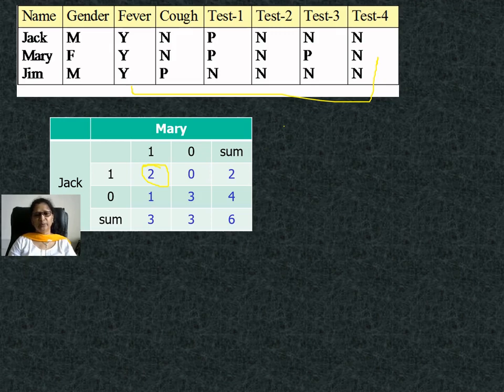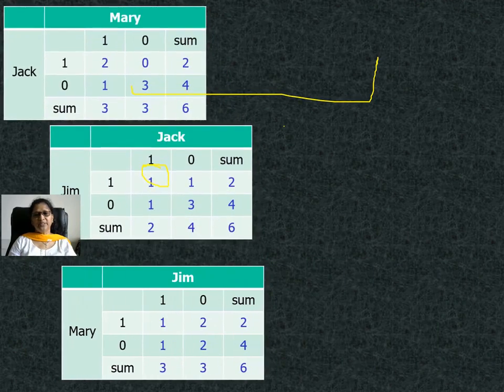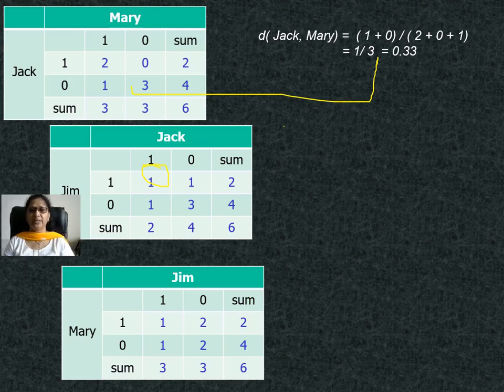Similar to this, we have to compute for all the remaining attributes and fill up the contingency table for each pair, that is, these 3 tables we have to construct. And from these contingency tables, we have to compute dissimilarity between each. Note that for dissimilarity of asymmetric attributes, we don't consider the term where both values are 0.